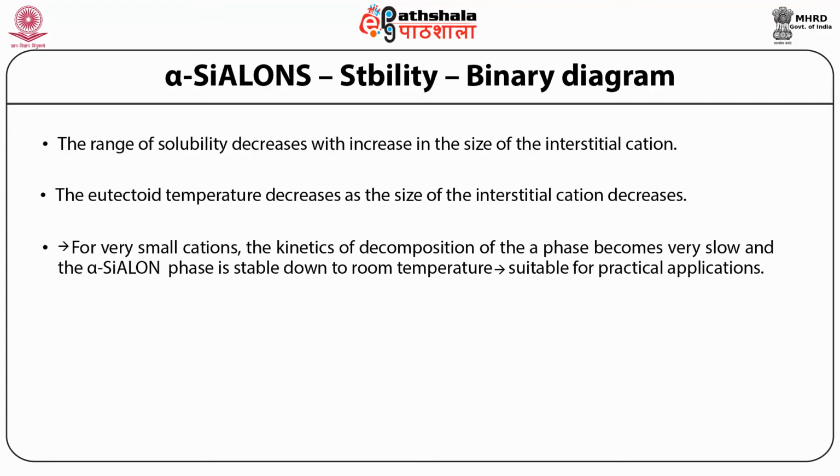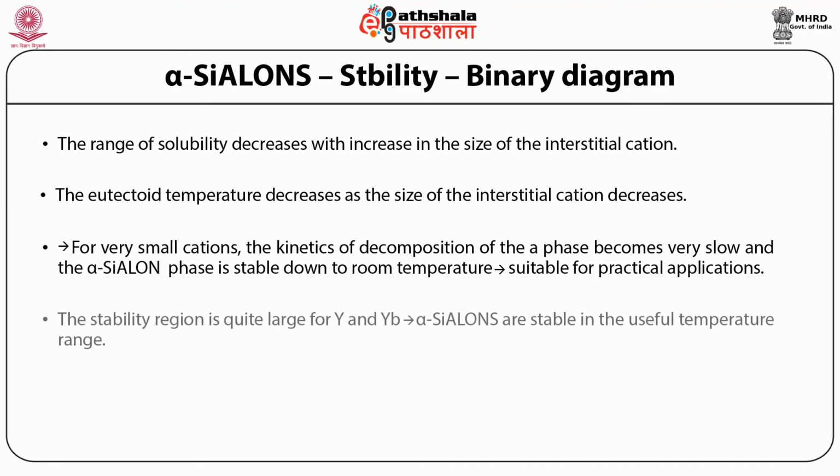In this case, the alpha sialone decomposes when held in a particular temperature range, which is 1400 to 1500 degrees Celsius. The stability region is quite large for yttrium and Yb, and so these alpha sialones are stable in the useful temperature range.